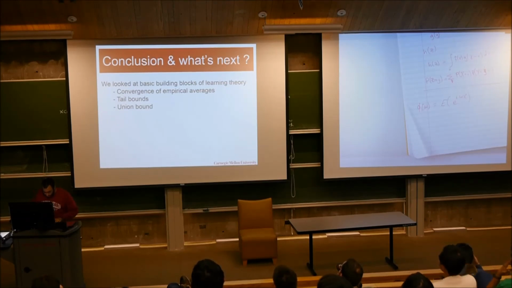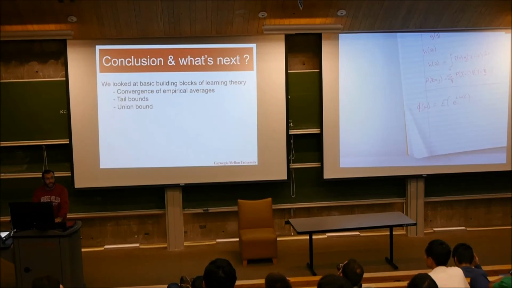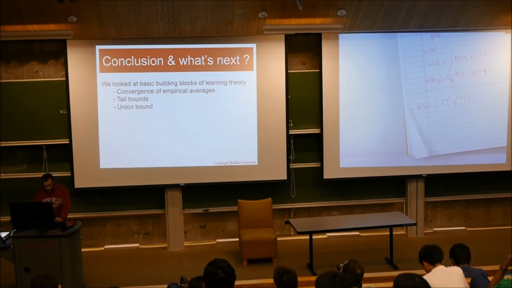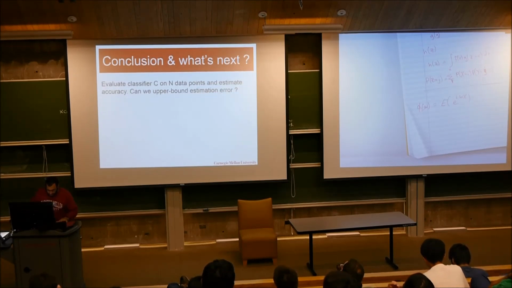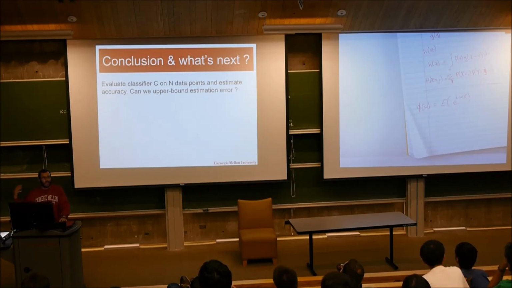We looked at the basic building blocks that are used to build the learning theory. We looked at convergence of empirical averages, Chernoff bounds, and the union bound. I would say the latter two are like basic ingredients. So now, if we evaluate a classifier on n data points and estimate accuracy, can we upper bound the error in our estimation?